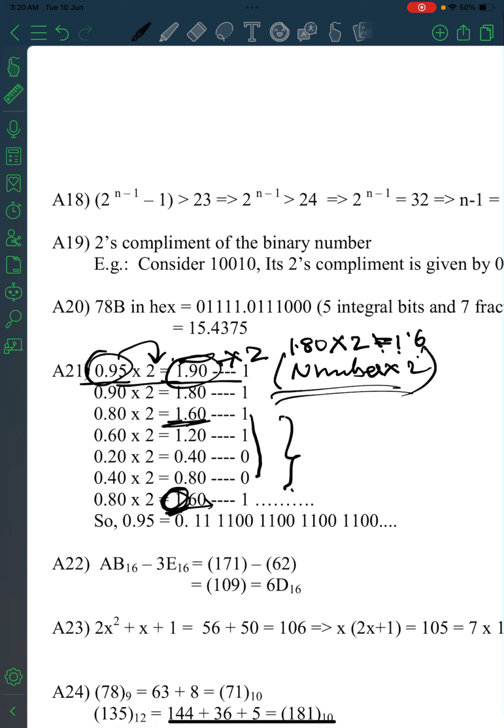It never becomes exactly 1 or 0 somewhere, it keeps going. So it's 0.11 and the pattern here is 1100.